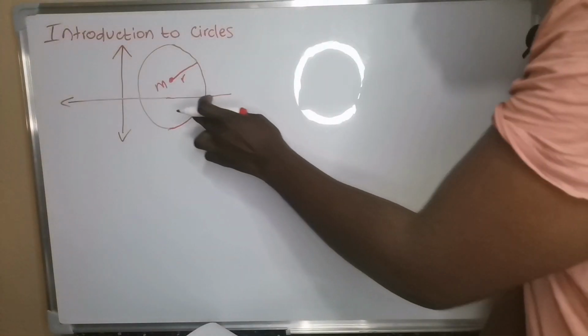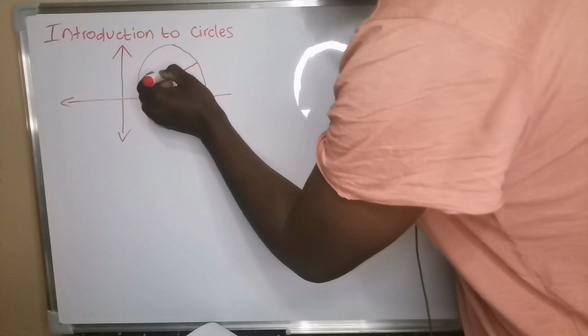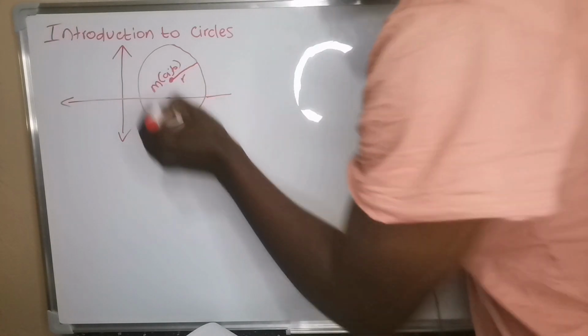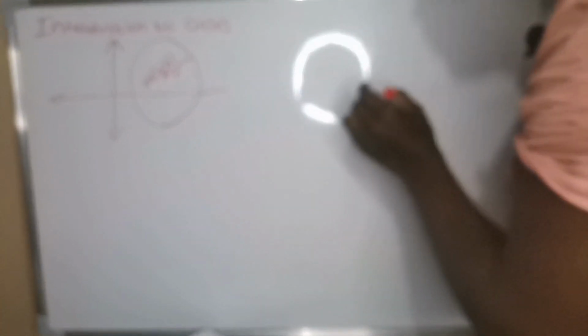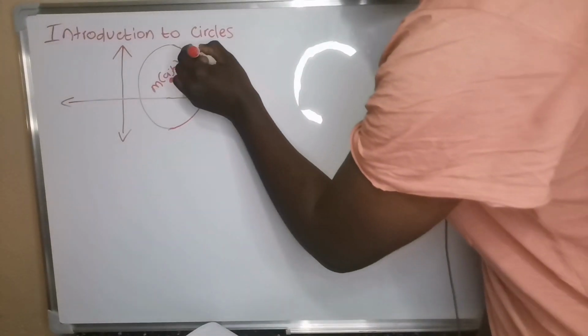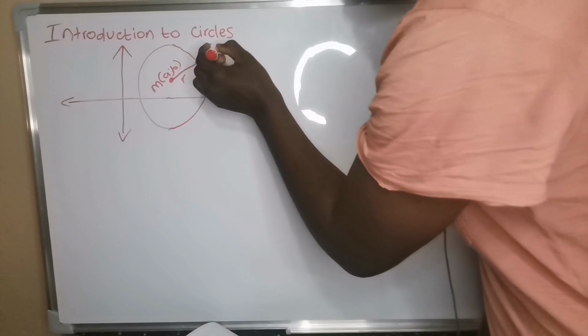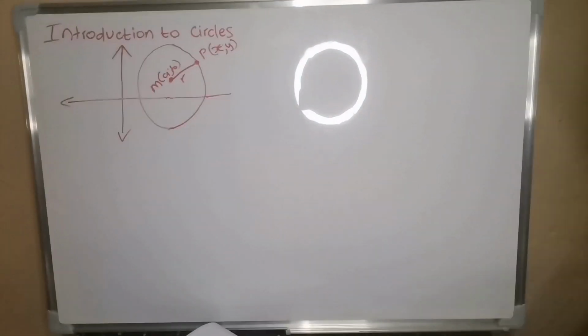And our center has got coordinates a and b, a for x, b for y. Then our circumference also has a point here. I can name it P, which is x and y. I hope you understand what's happening here.